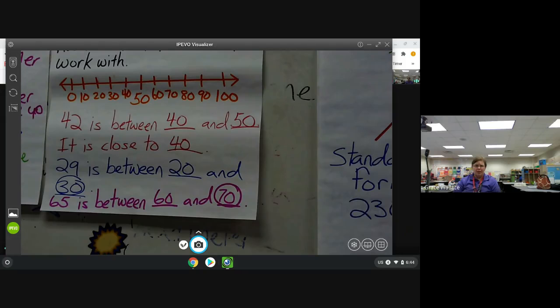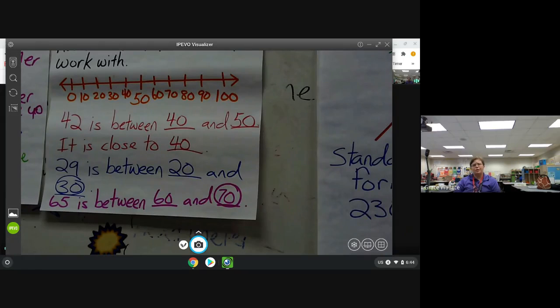So if I looked at my number line and I counted them all out, it would fall between 20 and 30. Those are my two benchmarks. You're going to hear me use those words all the time, and I'm going to expect our kiddos to use those words as well. Because we want to be a mathematician. Mathematicians use precise words. So it falls between 20 and 30. And if you look at it to see which is it closest to, it's closest to 30. So it would round to 30.